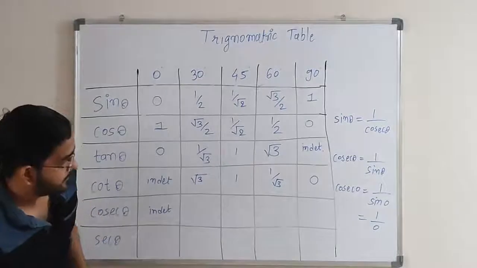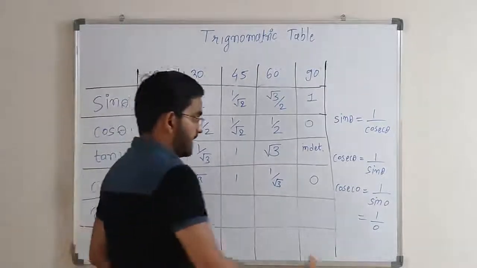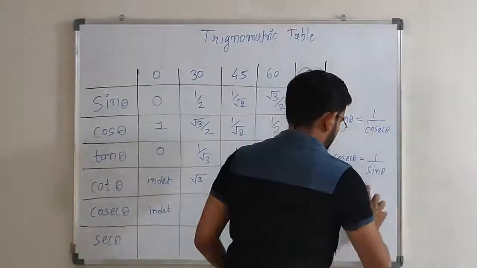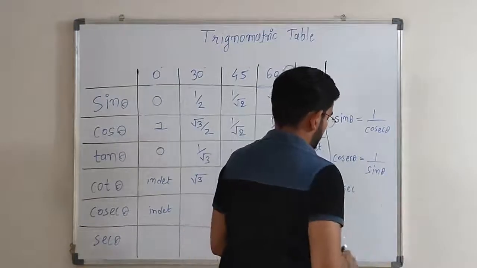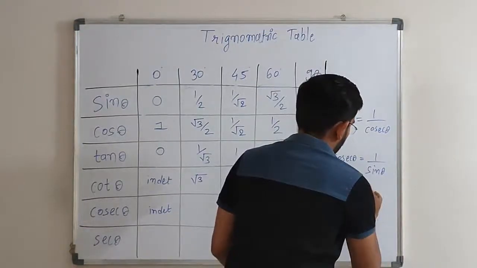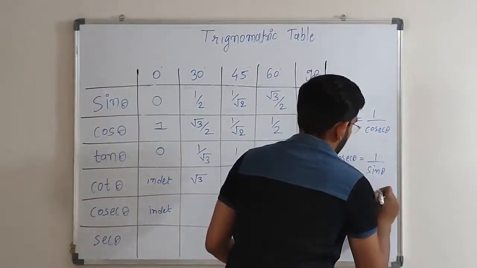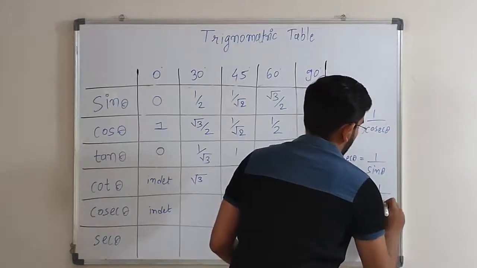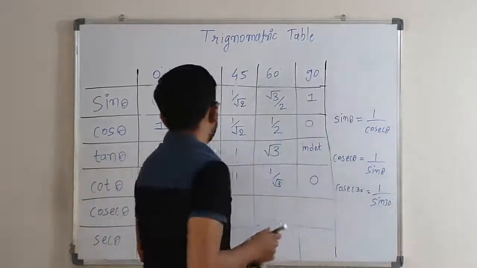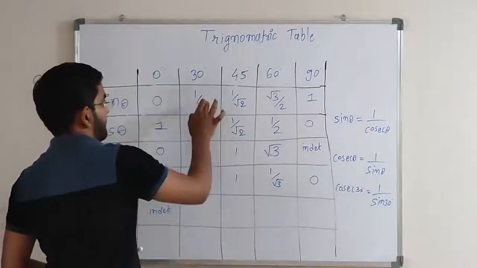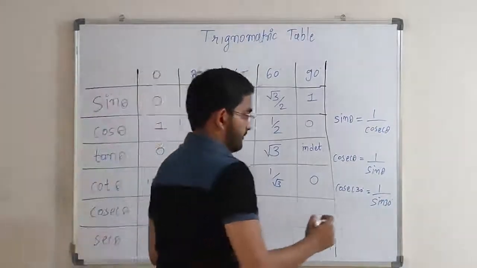Now the next is cosec 30. It will be 1 upon sin 30. We know from the table that sin 30 is equal to 1 upon 2.